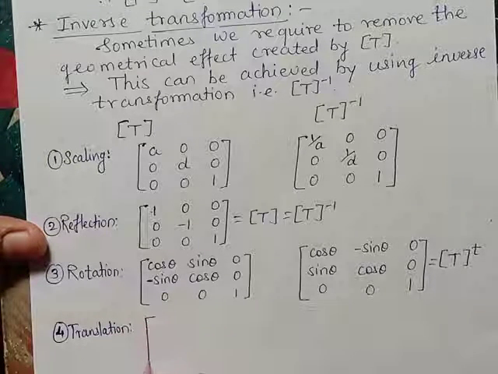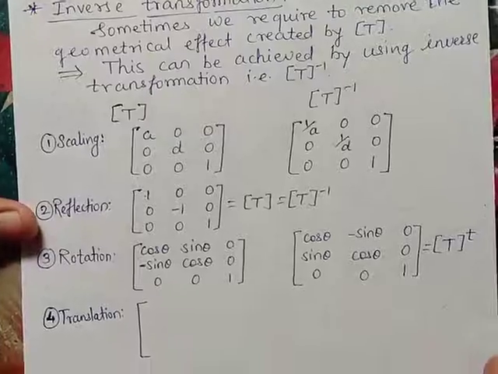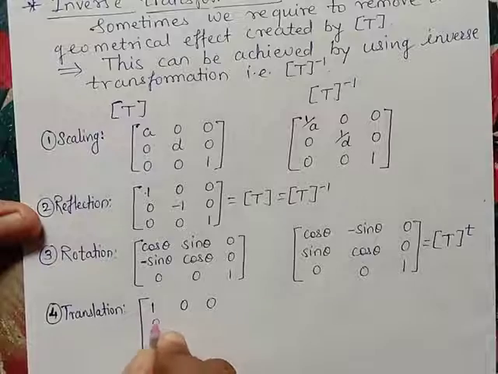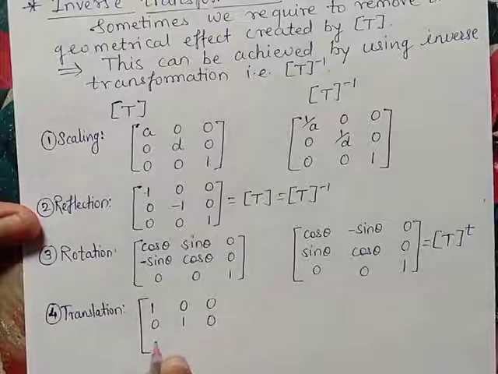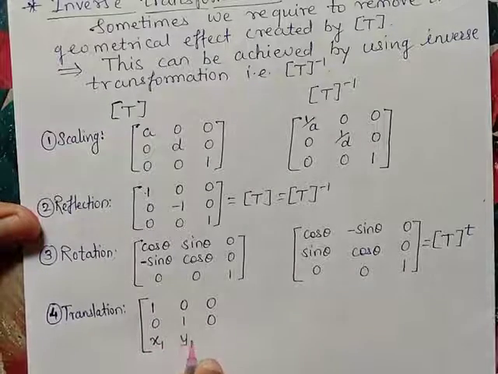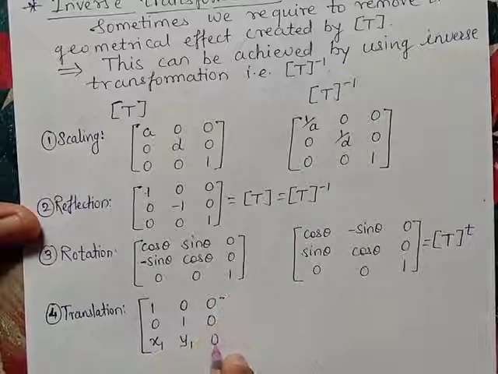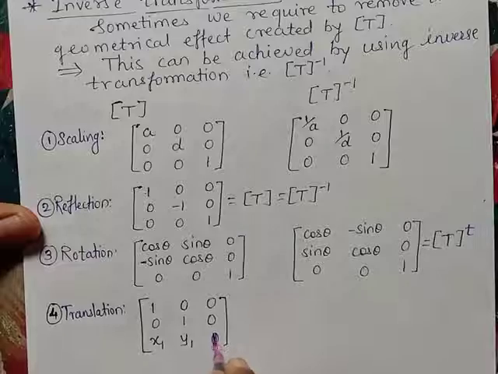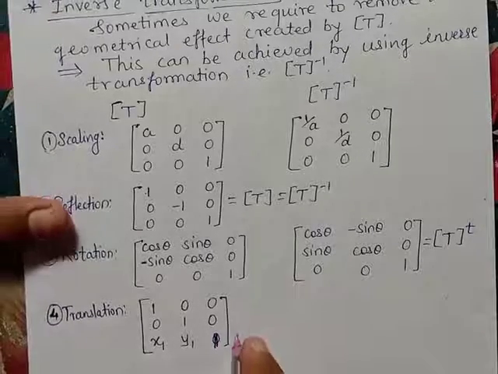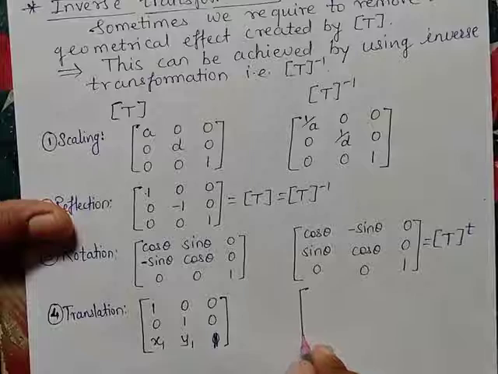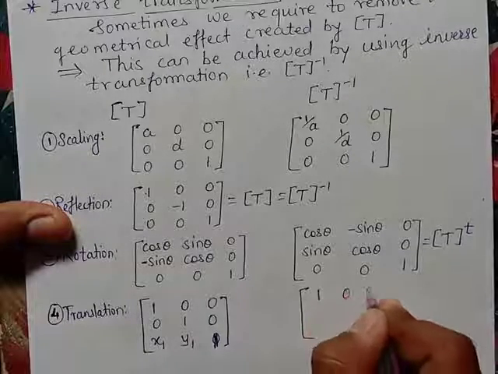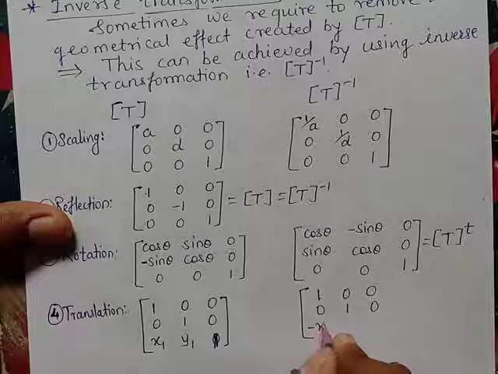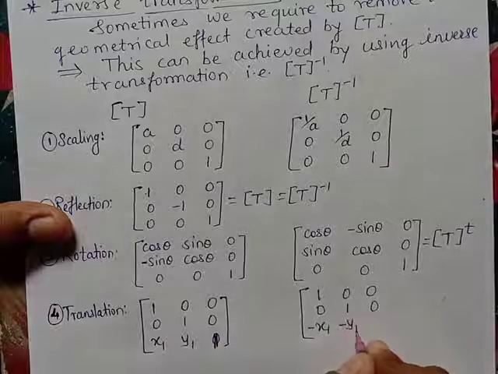The translation matrix T is 1 0 0 0 1 0 x1 y1 1, sorry, 1 is here, remember it. Then T inverse is what here? 1 0 0 0 1 0 minus x1 minus y1 and 1.